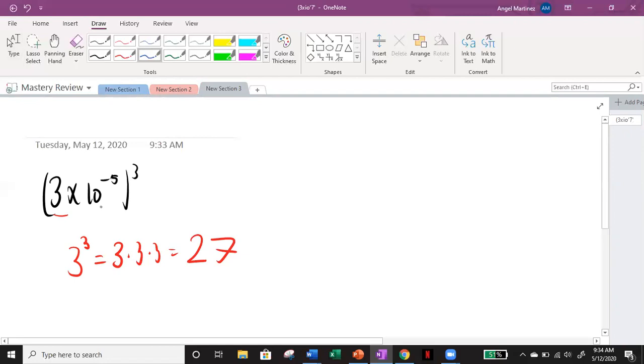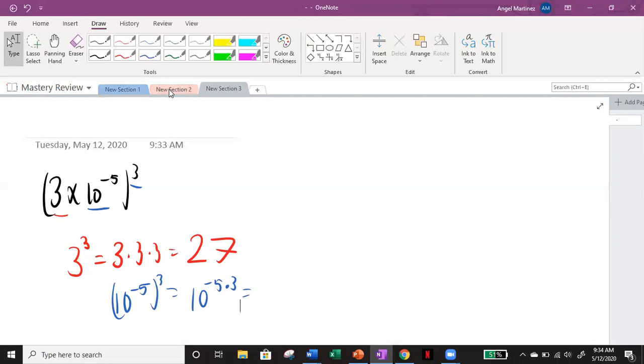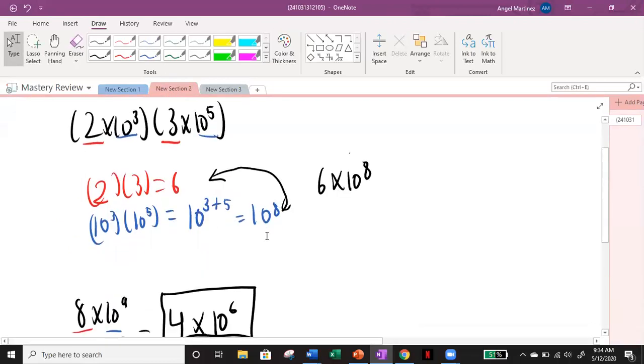For the exponents, it's a little bit different. 10 to the negative 5. When you exponentiate 10 to the negative 5 to the 3, it's 10 to the negative 5 times 3. So when you're doing exponents on top of exponents, it's multiplying. I know it's kind of confusing when we did the multiplication. Multiplication, we add them, but for exponents, we multiply them.